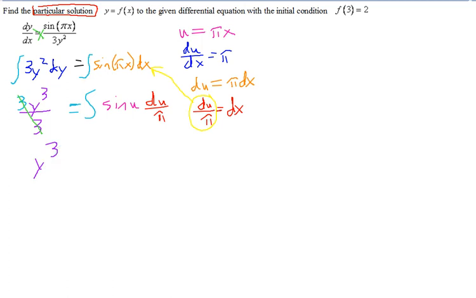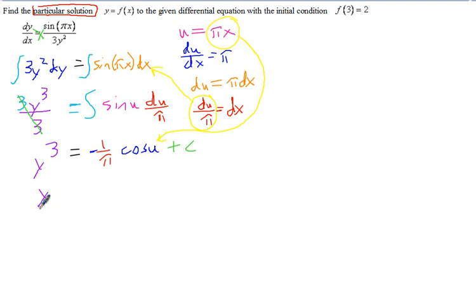Okay, and then on the left side, you can see the 3's reduce out. We get y cubed equals. Now the 1 over pi, you can just put in front. And then when you integrate sine, that's negative cosine. So it'd be negative, with the 1 over pi in front, and then plus c. But we're not quite done on the right side because we still have to substitute in pi x for u.